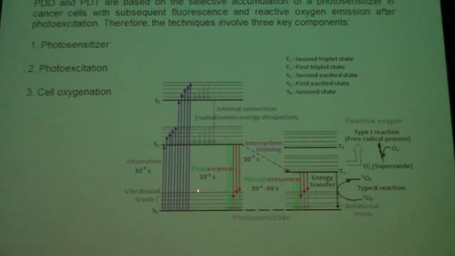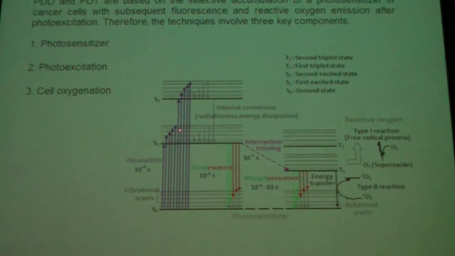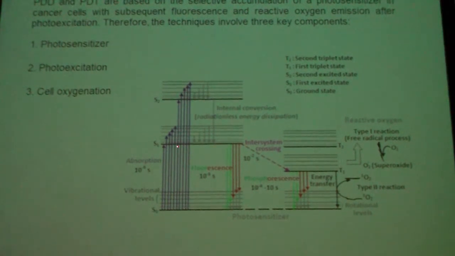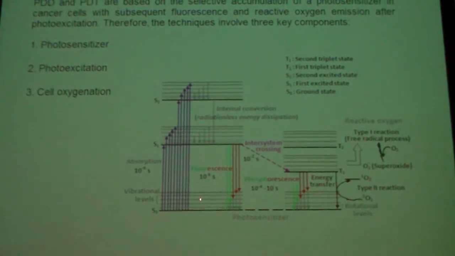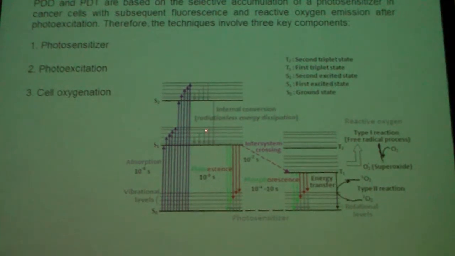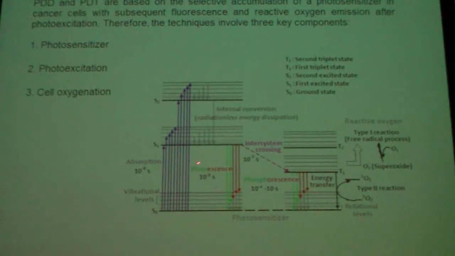As you see here, the molecule of the photosensitizer can be excited by the absorption of a special wavelength of light. Then it goes to the first or second excited state. When the molecule comes back to the ground state, it can go through an internal conversion without emission of any light, or it can come back to the ground state via the emission of fluorescence signals.